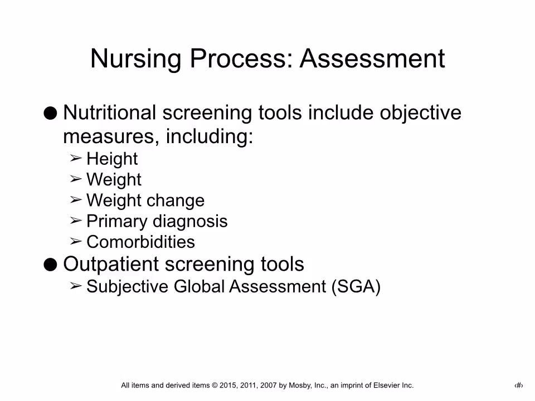This is used mostly in the outpatient setting. The subjective global assessment, known as SGA, is a validated clinical method that uses the patient's history, weight, and physical assessment data to evaluate nutritional status.